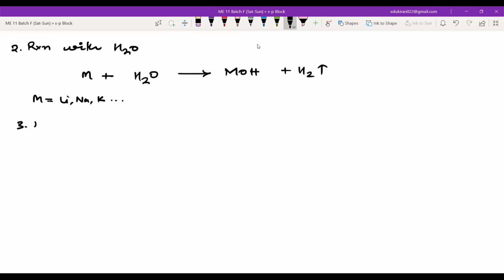Third, you can write the reaction with H2, dihydrogen. So it will react with H2 and it is going to form hydrides. Reaction with H2O forms hydroxide.